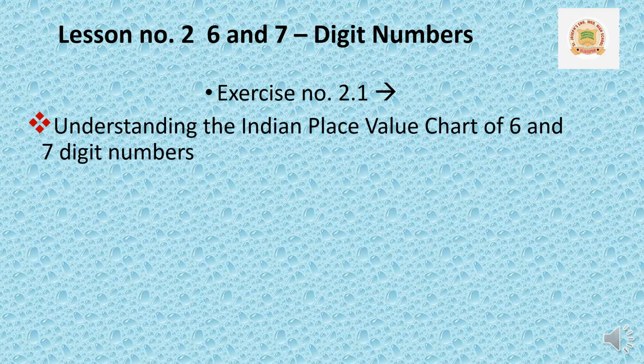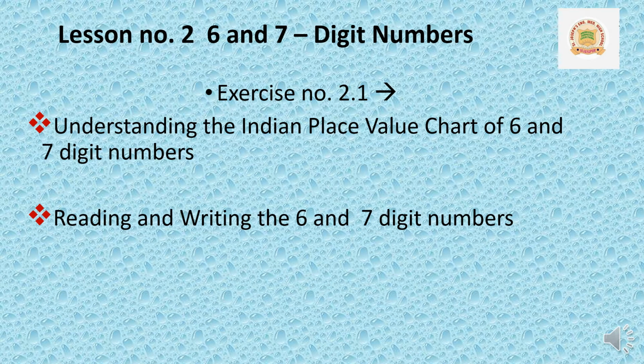In this exercise, understanding the Indian place value chart of 6 and 7 digit numbers. In the earlier lesson, lesson number 1, we completed the 5-digit place value chart. So we are moving further to the Indian place value chart of 6 and 7 digit numbers.